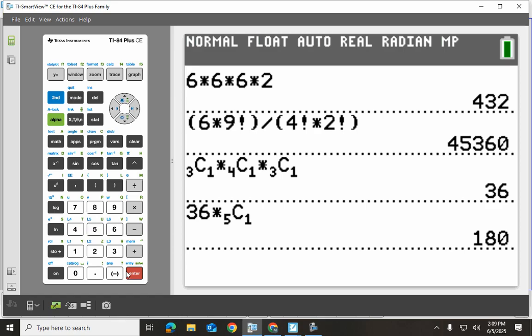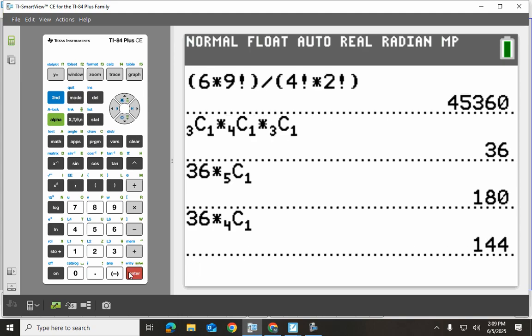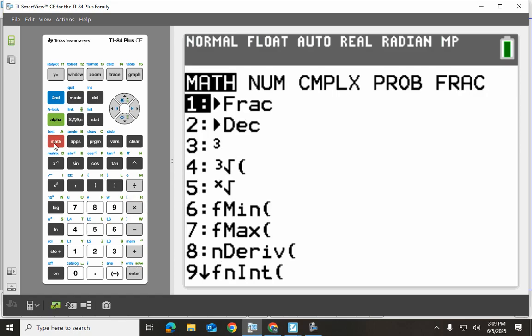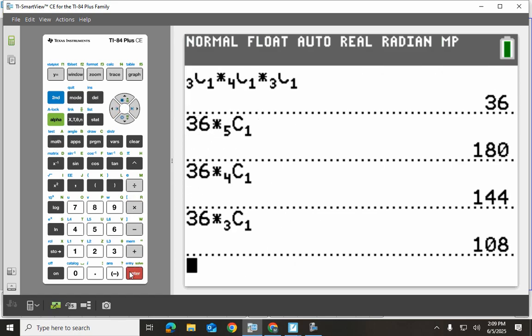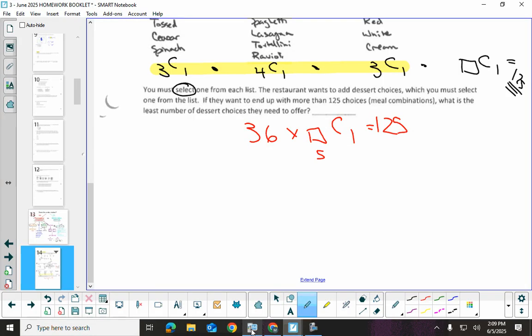Let's see if 4 would give us the same thing. Did that give us at least 125? Yep. So let's try 3. Did that give us at least 125? No. So that means we have to have 4 choices for dessert.